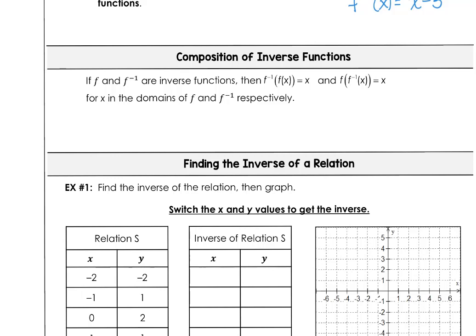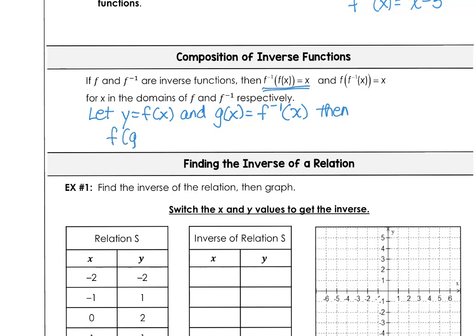Another way we can say the same thing, for example, if I let y be my f of x, and I let g of x represent the inverse function, f inverse of x, then without this complicated notation, we could say that f of g of x is equal to g of f of x if they both equal x.